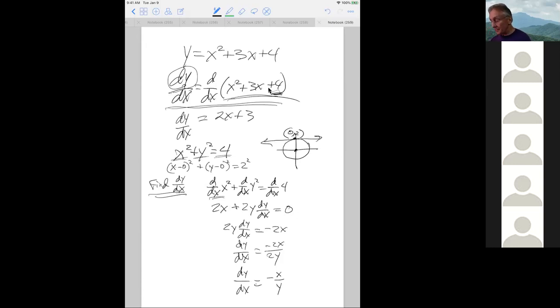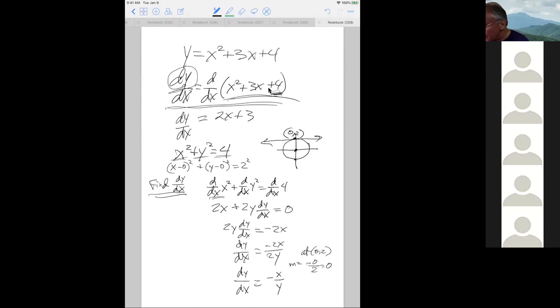At (0, 2), the slope is going to equal negative 0 over 2, which is 0. The slope is 0. Same thing would be true down at (0, -2).